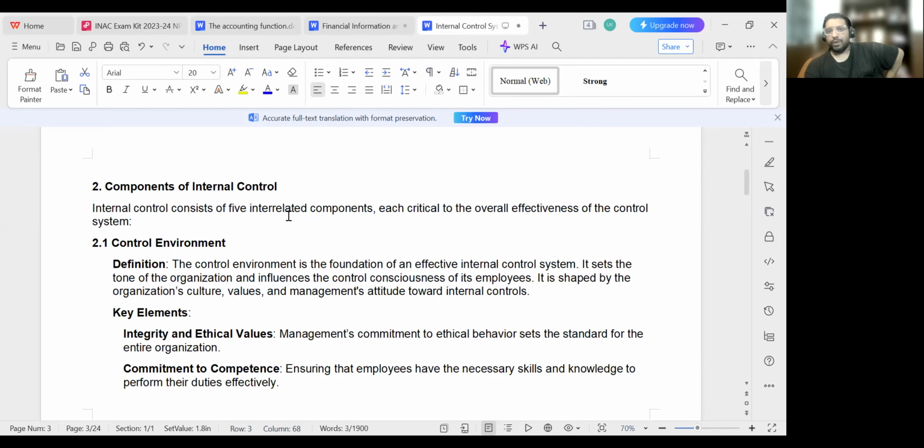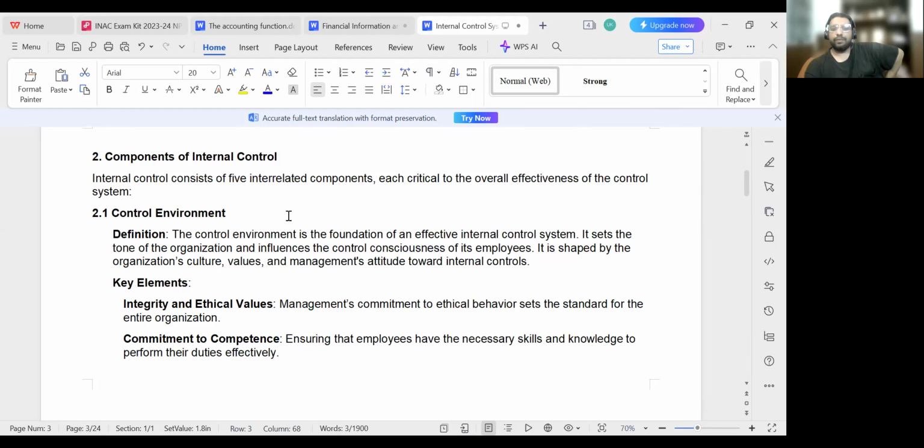Okay, so control environment. Yesterday I was giving an example of the Japanese car manufacturers like Toyota and Honda. What they did was embed quality assurance within the employees, right? They trained all the employees to make sure that everyone is taking care of quality.